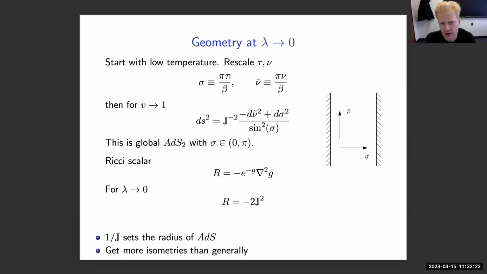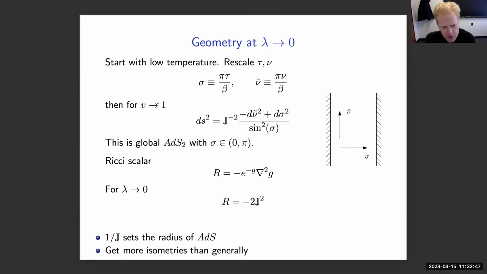I am now going to rescale tau, which was the horizontal direction, to define the sigma, just rescale by beta, and define this new tilde. The reason that I'm doing that is that if we are at low temperature, then this beta becomes very large.